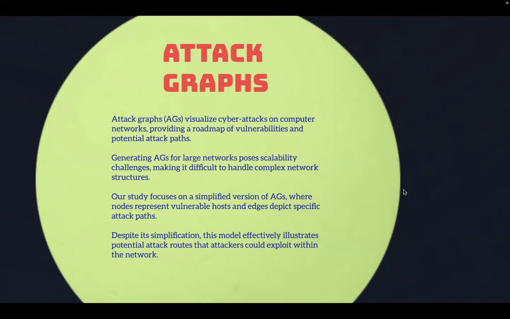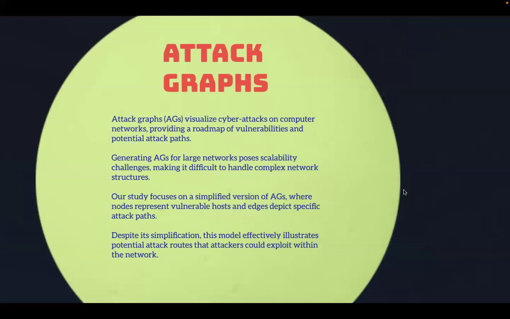Our study focuses on a simplified version of attack graphs where nodes represent vulnerable hosts and edges represent specific attack paths. While this model may not cover every vulnerability, it helps illustrate potential attack routes that attackers could exploit. This understanding is crucial for developing an effective strategy for allocating honeypots.